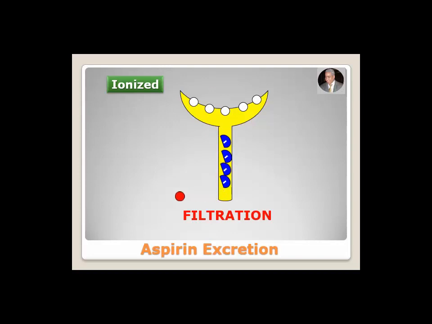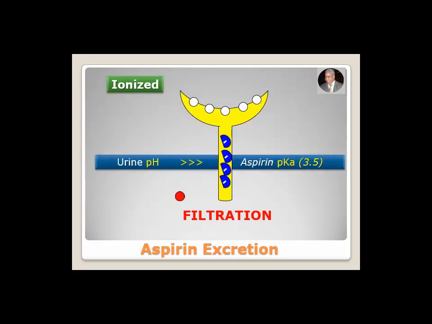The non-ionized molecules will also pass to urine; however, they will be reabsorbed back to the blood, since they are lipophilic. To keep the aspirin in the ionized hydrophilic state in urine, we should maintain the urinary pH well above the aspirin's pKa. Alkalization of urine can be achieved by sodium bicarbonate.